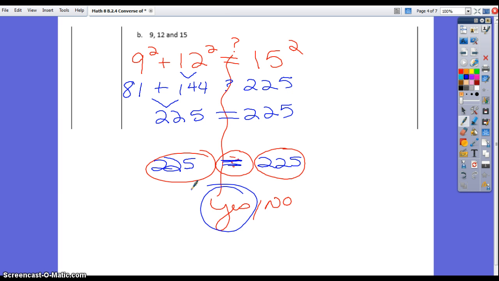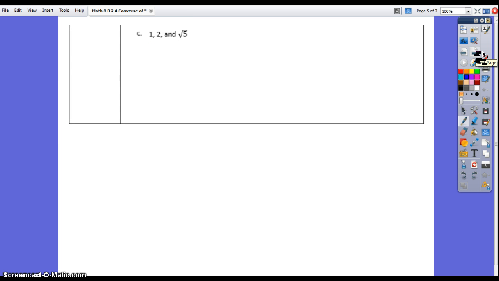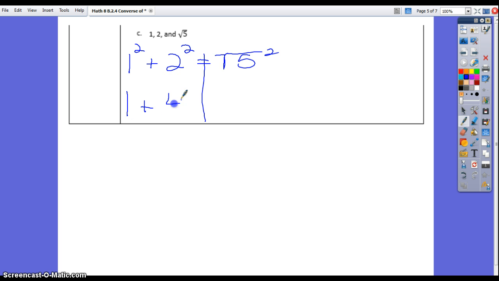Now here, pretty much the same thing except they throw a square root in here. We have 1 squared plus 2 squared equals the square root of 5 squared. Well, what's 1 squared? 1. Plus, what's 2 squared? 4.